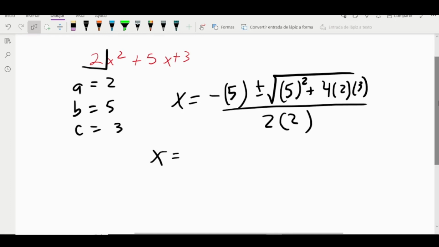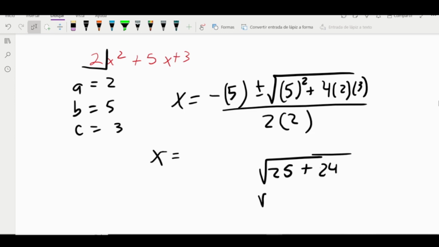So 5 squared is 25, and 4 times 2 times 3: 2 times 3 is 6, and 6 times 4 is 24. So here we have 25 plus 24, which is 49, and the square root of 49 is 7.